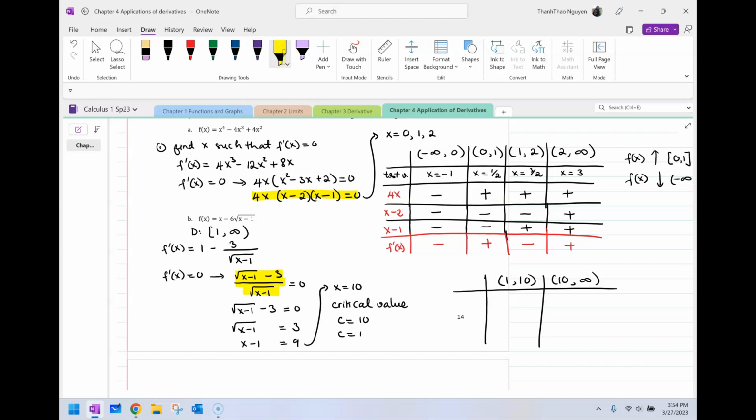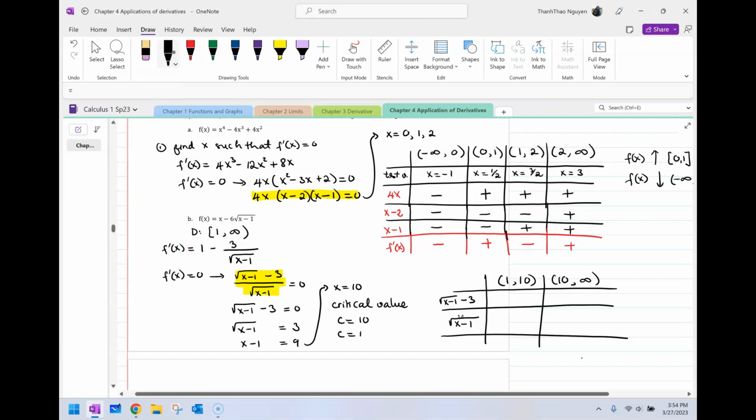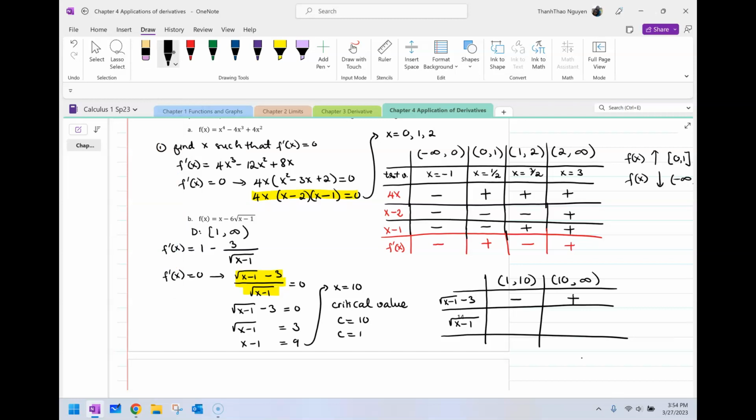Okay. So we have the numerator being square root of x minus 1 minus 3, and the denominator being root of x minus 1. In the numerator, in the interval of 1 to 10, this root here will be negative. The denominator will be positive.